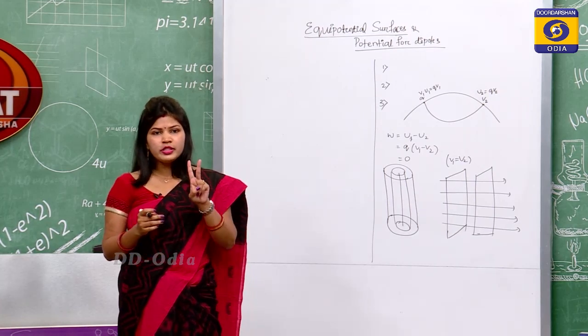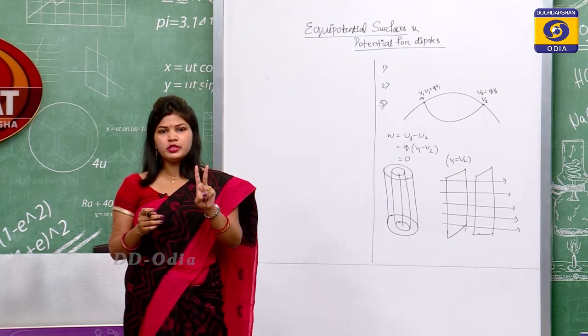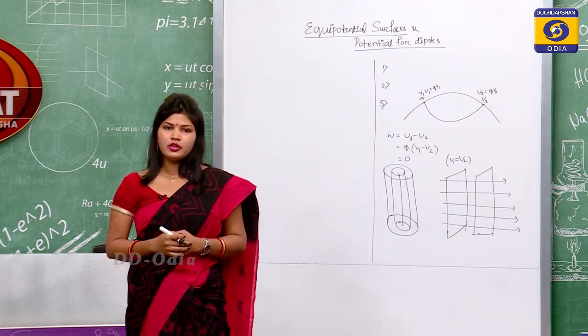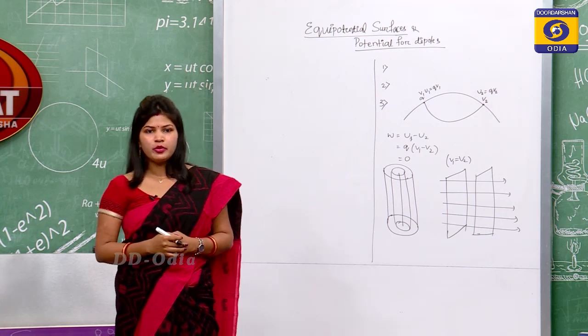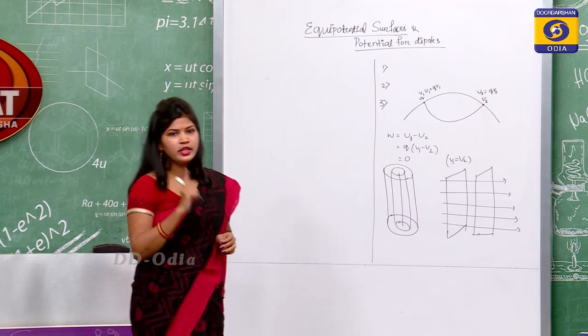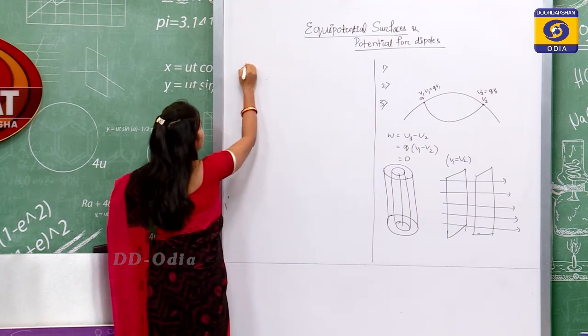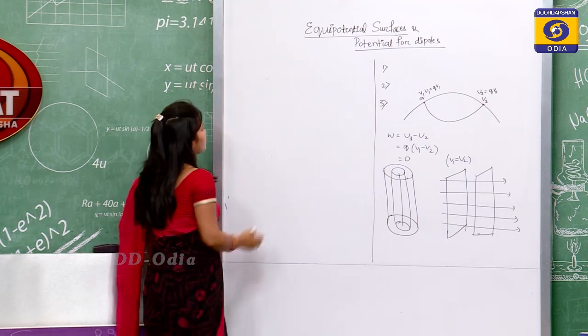So, two equal and opposite charges of same magnitude are considered as a dipole, and this dipole is a single system. Okay. Now, we will study the shapes for a dipole.